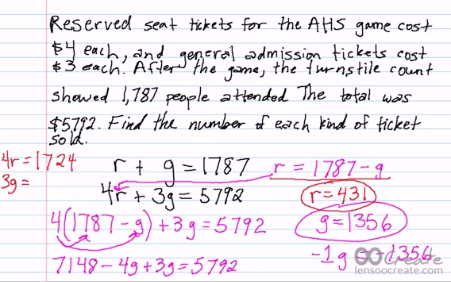In my calculator, I'm going to type 3 times G, which is 1356. And that gives me 4,068. So if we did this correctly, that 1724 plus the 4,068 should give me 5792, and it does. So we're good. That's our final answer. It's not that bad.